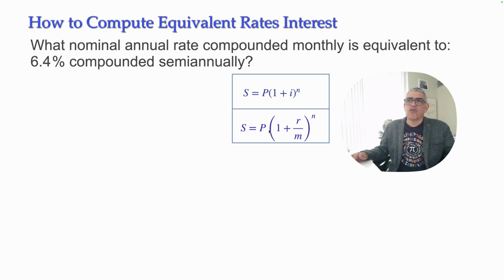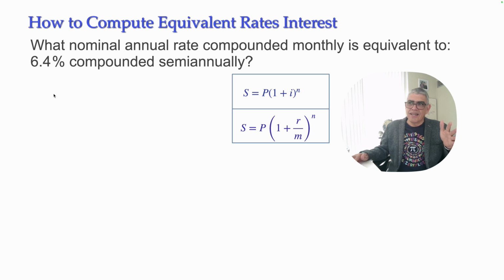So how do we use this formula to compute an equivalent rate of interest, equivalent to one that we know? To get a formula for that, an idea is to think of an investment of $1, invested for 1 year only.